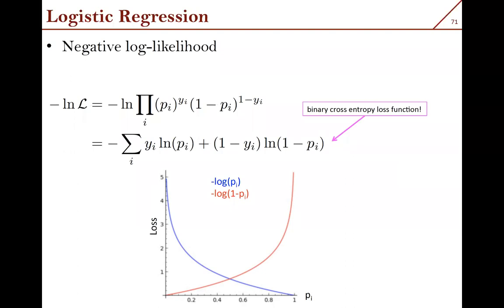Which is given by this term over here, that y_i ln p_i. And I here is obviously summing over all the data points that you use in the training phase.